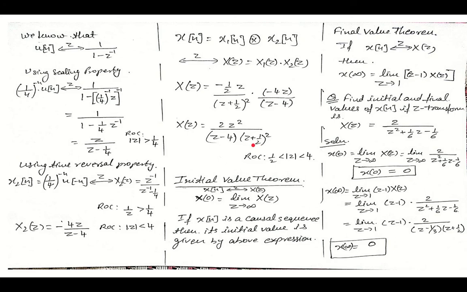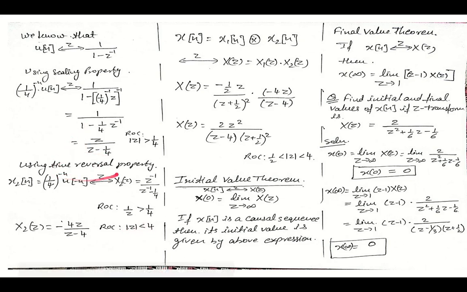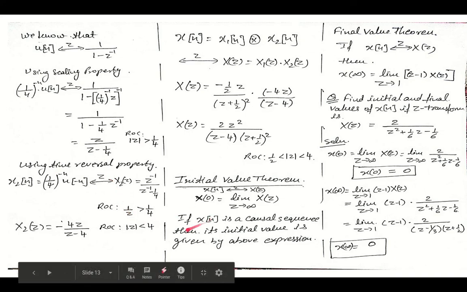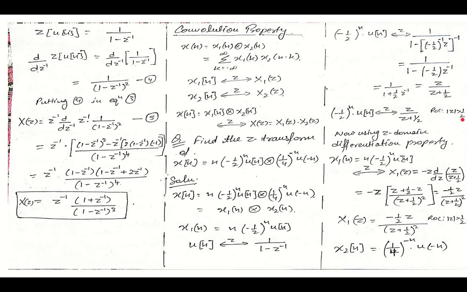Now here if I take both these ROCs into consideration, one of my ROCs was mod z greater than 1 by 4, which is converted into mod z less than 4 by the time reversal property. And previously we had the ROC mod z greater than 1 by 2.